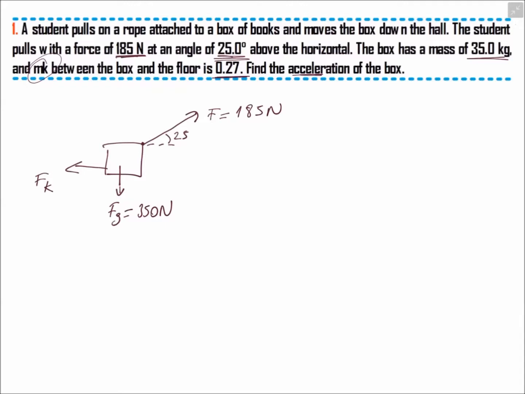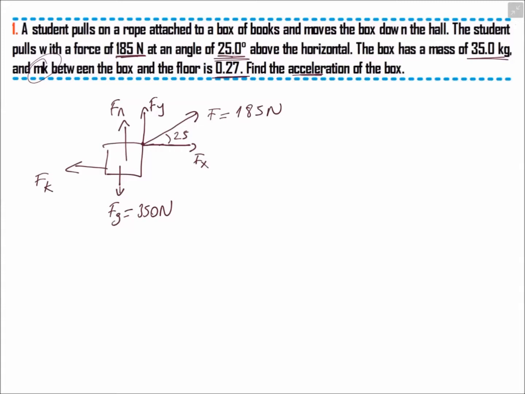And in this type of question, firstly we have to draw the free body diagram. And what force more do we have? We have normal force, which is upward. And then as a second step, we have to separate the force into components Fx and Fy.